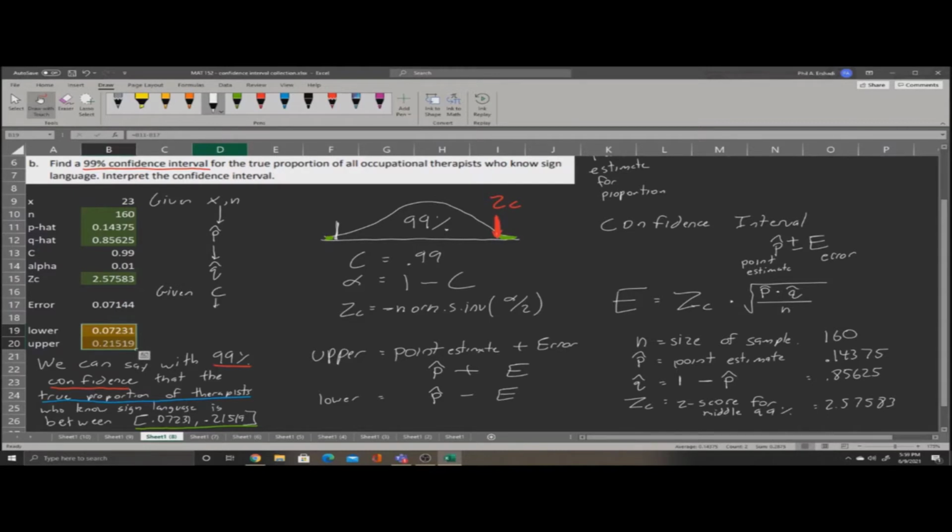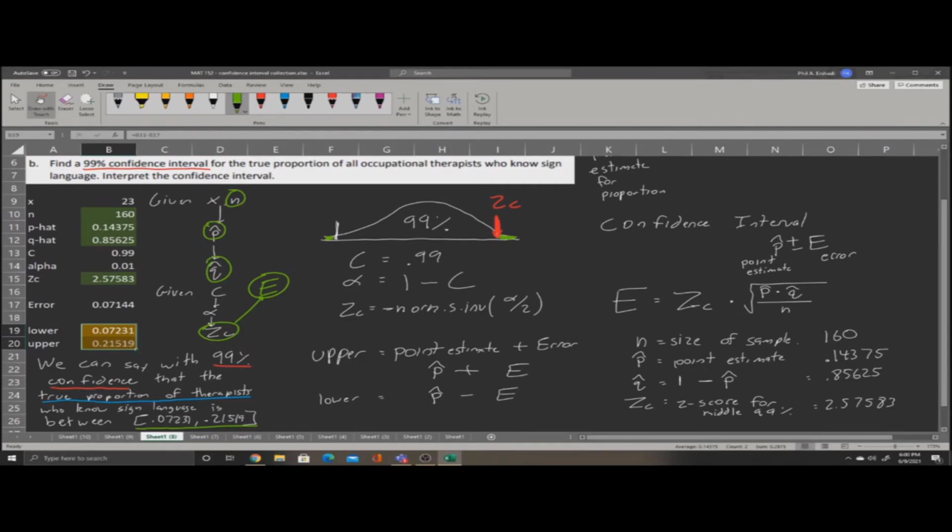Based on the confidence level, we found alpha, and based on alpha, we found z critical. Now, using the n, the p hat, the q hat, and the z critical together, we managed to calculate the error. And then once we know the error, we can find our lower and upper bounds.